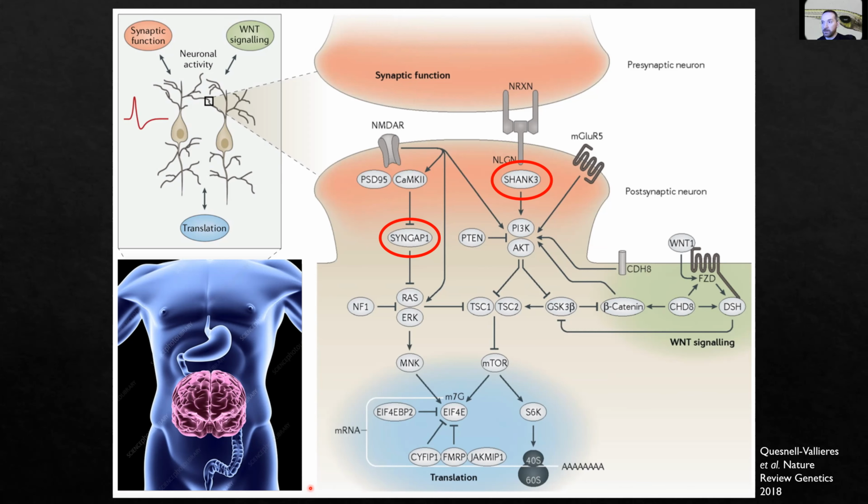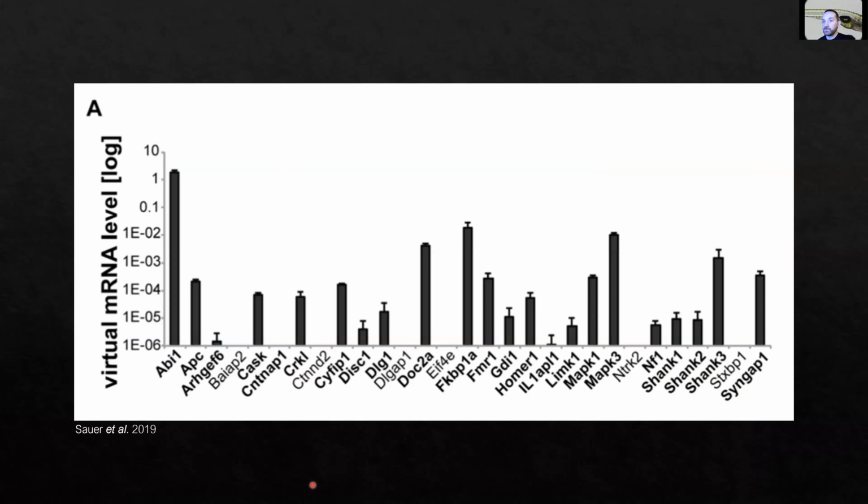And then on top of that, recent work has shown that the expression levels of a lot of ASD genes is actually upregulated in gut epithelial tissue, so non-neural tissue. So Sauer's paper in 2019 shows upregulation of these genes, including SHANK3 and SYNGAP1, within gut epithelium of mice. So there are in all probability roles for some of these genes that are non-neural.